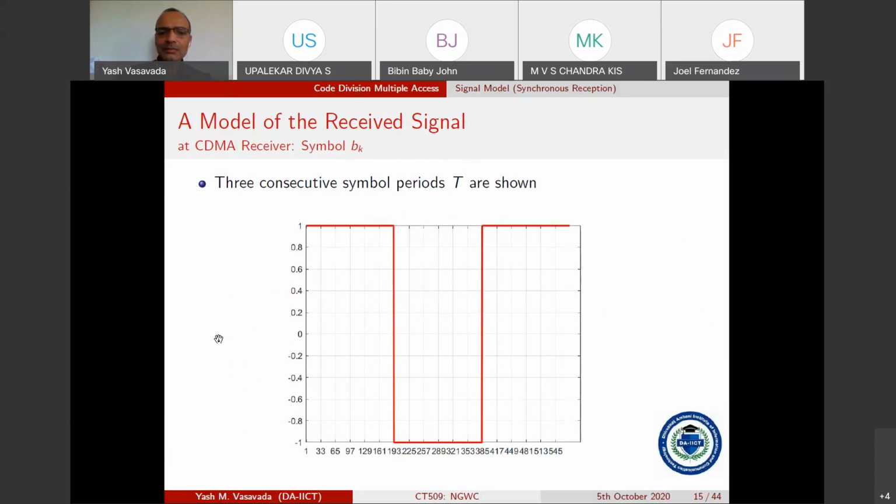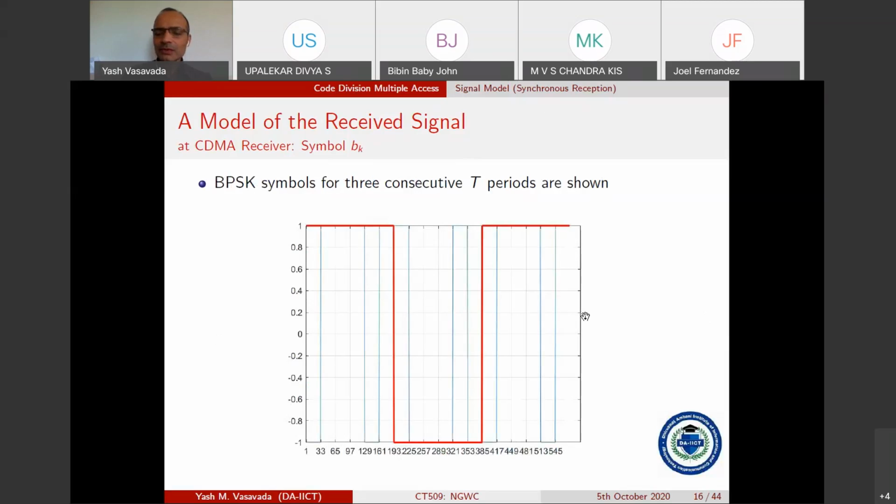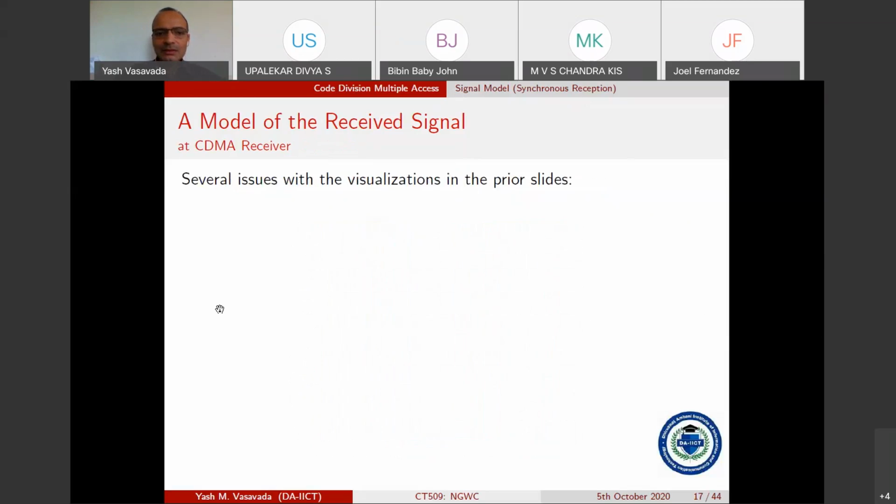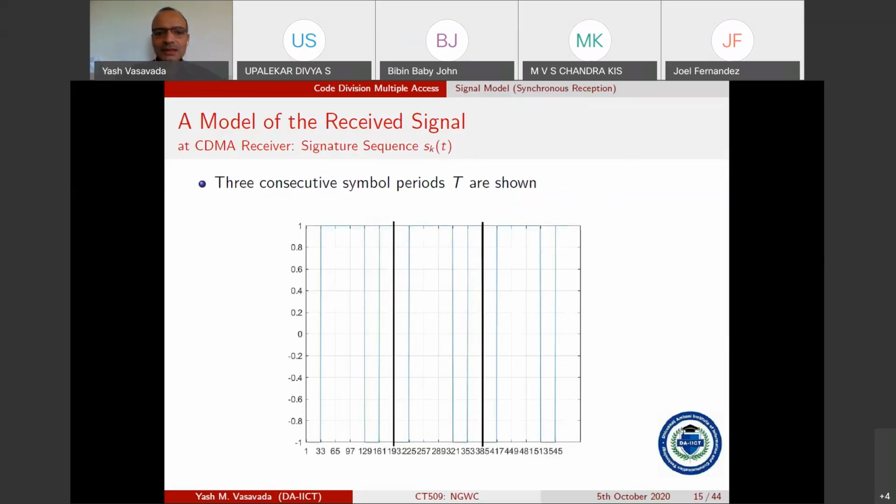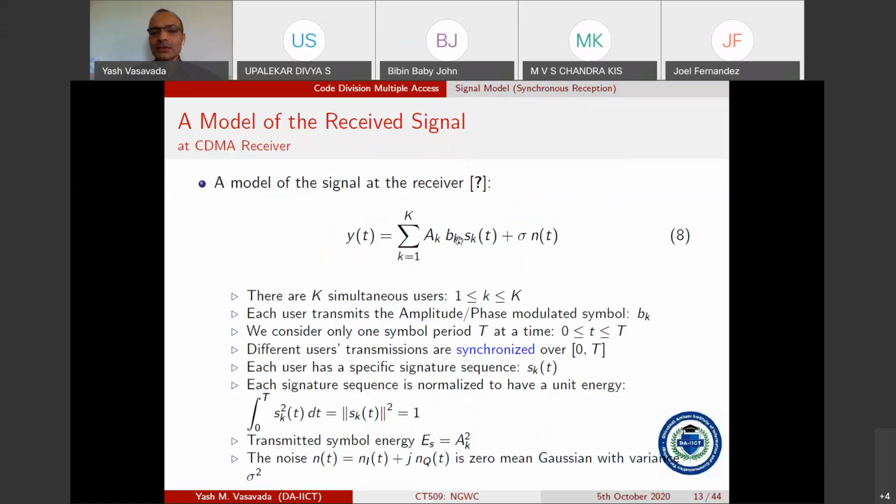Remember, we said here, yes. So Anudeep is saying, I don't know if he's put it on the chat window that you can see, or okay. So remember, we said that B of k is unit energy.